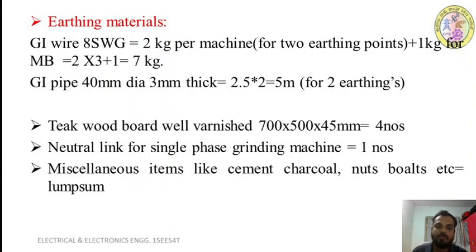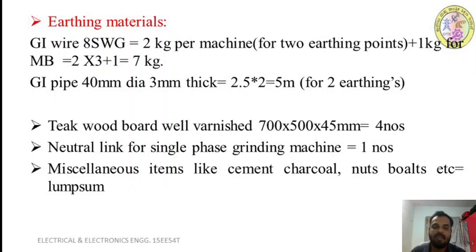So what is the total GI wire of 8 SWG required? Per machine 2 kg, and there are 3 machines in our workshop, so 2 into 3 plus 1 kg for the main board, that becomes 7 kg. Next we require GI pipe for earthing, to make the earth pit and connect it to the earth.